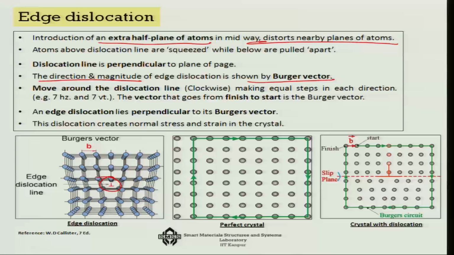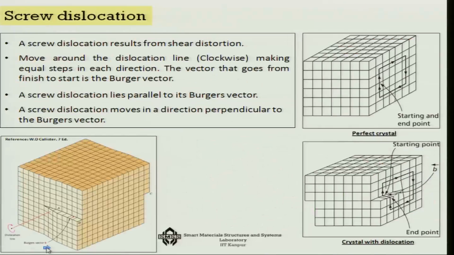The vector goes from finish to start position, the Burgers vector. You will see that the edge dislocation is generally perpendicular to the Burgers vector, and this dislocation creates normal stress and strain in the crystal naturally, and also affects other material properties like strength and plastic deformation, flow, etc. So, you need not always have a planar dislocation.